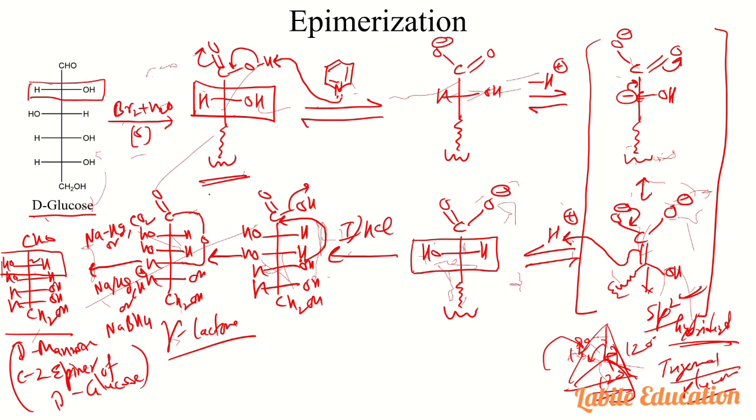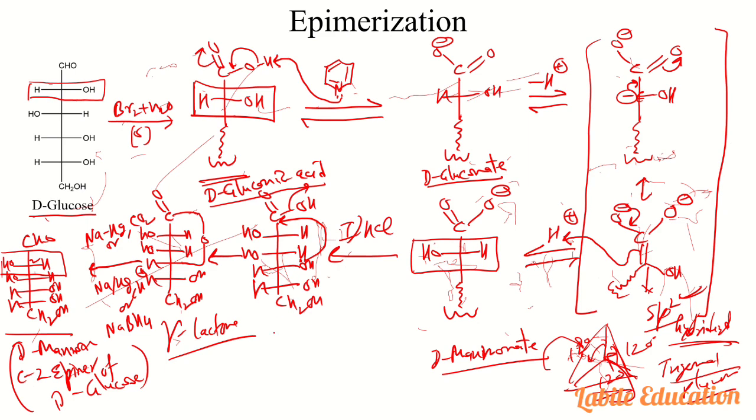This has been firstly converted to D-gluconic acid, which was the monocarboxylic acid. Now this is the D-gluconate carboxylate ion, and this is the carbanion at the C2 position. Now this is acidification and the formation of the D-mannonate, because this is the carboxylate of mannonic acid, and this is D-mannonic acid.